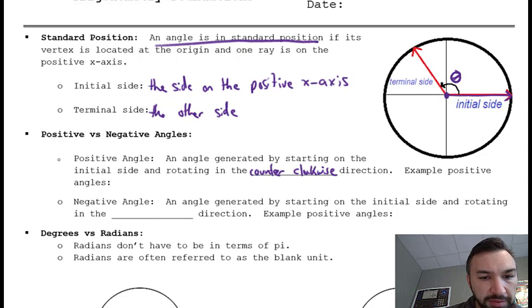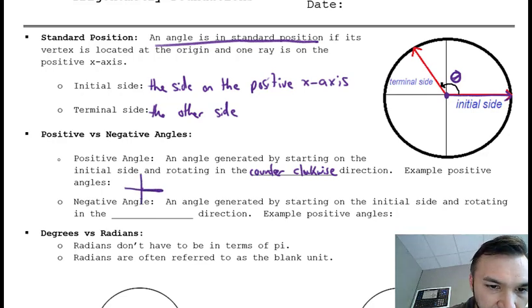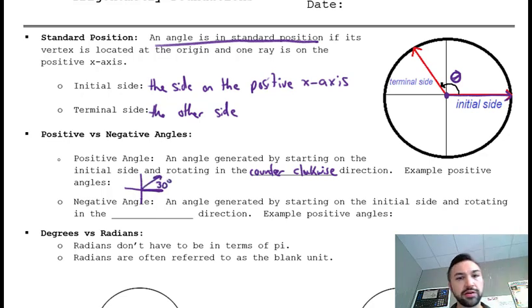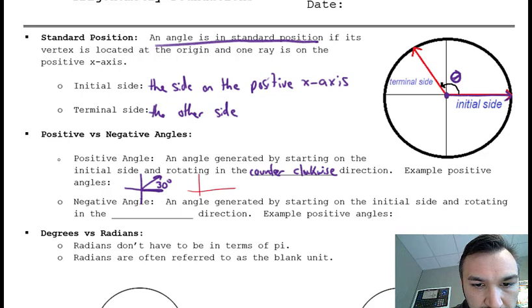So a couple of examples of that would be like from positive x, if we went opposite a clock, counterclockwise, 30 degrees, this is what positive 30 degrees could look like. Starting on the positive x-axis, if I opened up 80 degrees, positive 80 would be counterclockwise. So 80 degrees would look something like that.